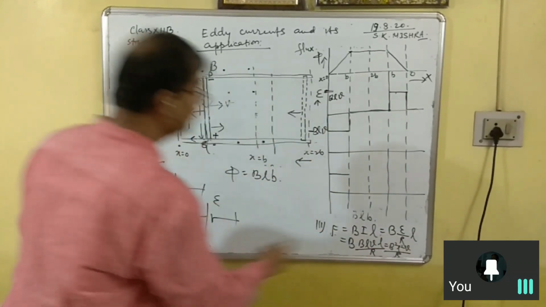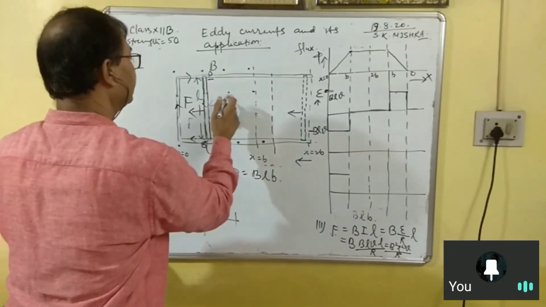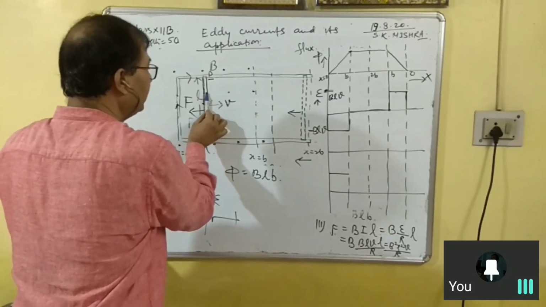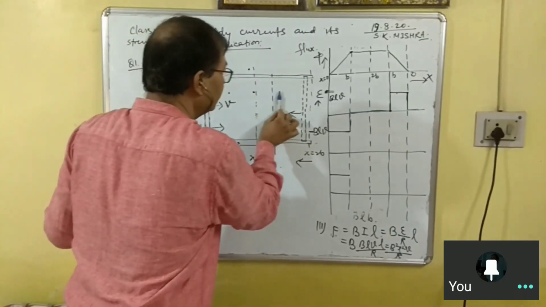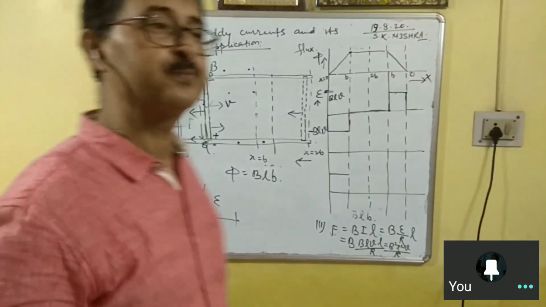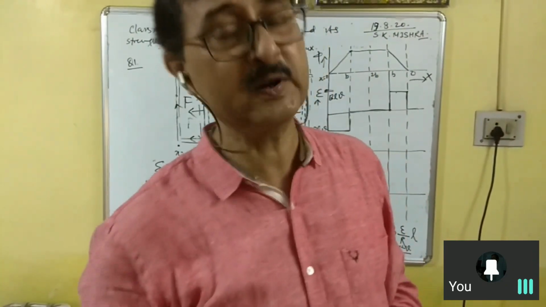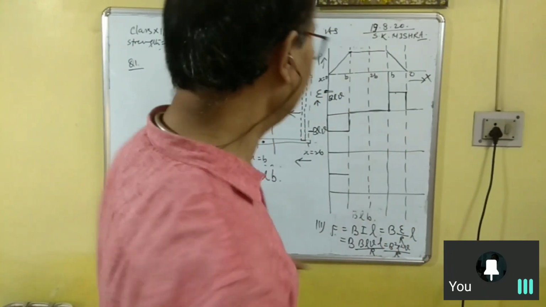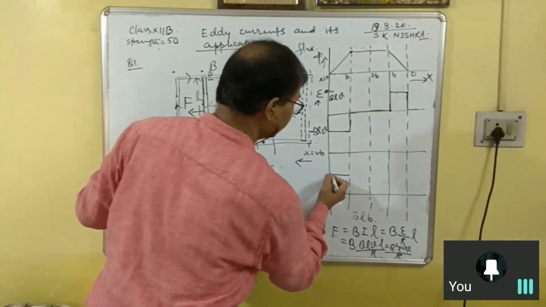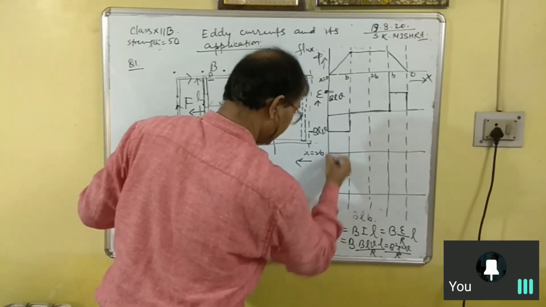Now if V remains constant, this V, velocity, speed of the rod by which you are pulling it towards right, that remains constant, then force acting on the rod will also remain constant. Force on a current conductor in a magnetic field. So force will also remain constant, but force is towards left, that's why we are drawing the graph from the negative portion.